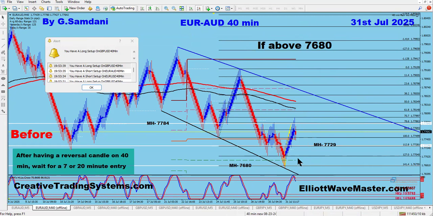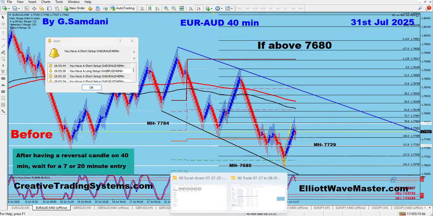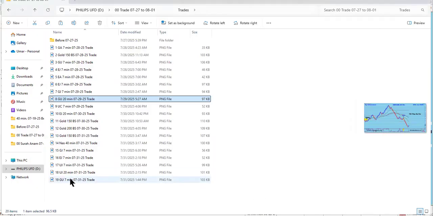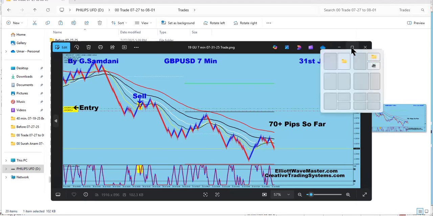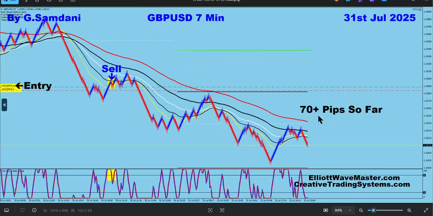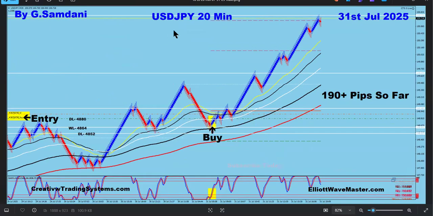You lose maybe 10 pips, 15 pips, 20 pips. But when you make more, let me show you a couple of trades. This is the very last one today, in fact. This is a 70 pip trade. So when you have a good entry, let it run until you hit the USD Yen.